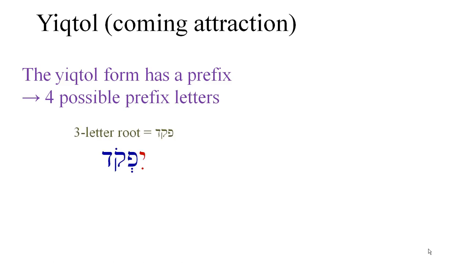As an example, if we have the root paqad, pe, qof, dalet, a Yiqtol form will have a prefix. In this case, it's a yod prefix. So that's one of the 4 possible prefix letters. We'll be coming back to this, so this discussion is to be continued.